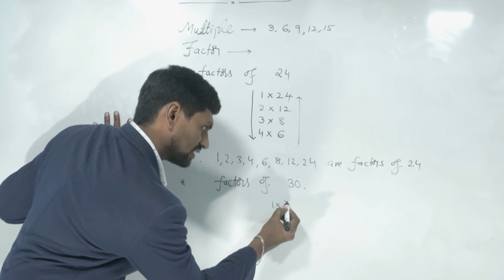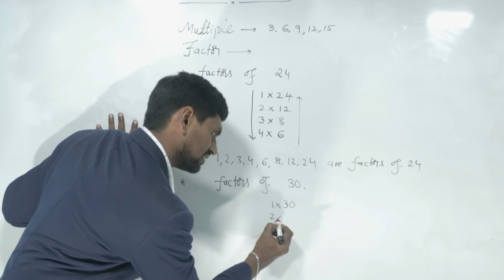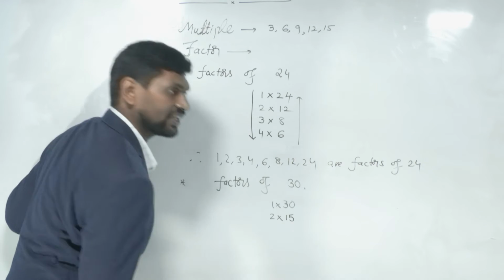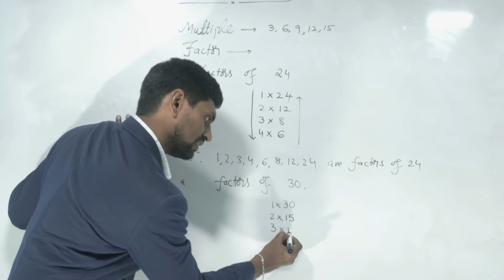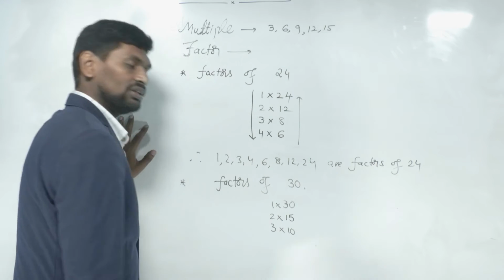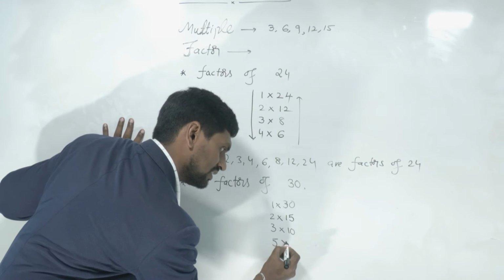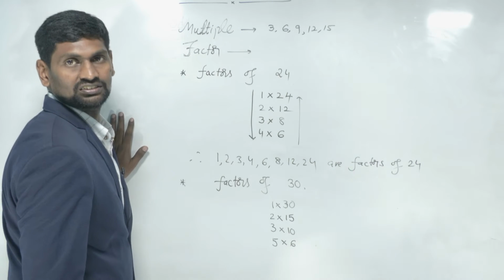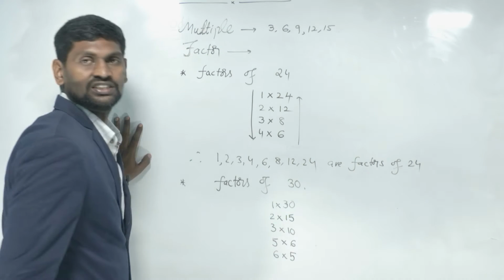1 30s are 30. 2 table, in 30, 15 times, 2 15s. 3 table, 3 10s are 30. 4 table, will 30 come? No. 5 table, yes, 5 6s are 30. 6 table, 6 5s are 30.